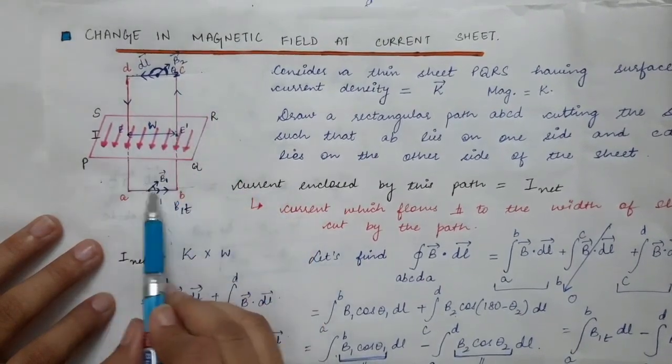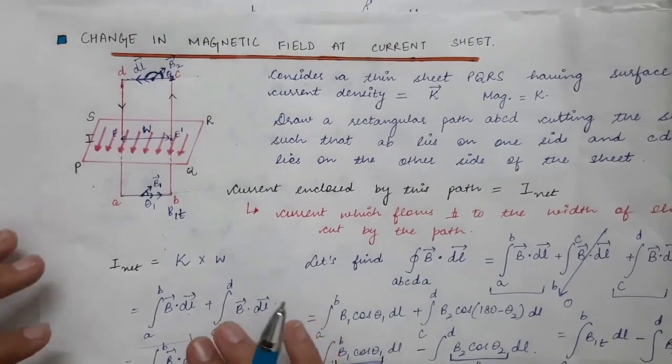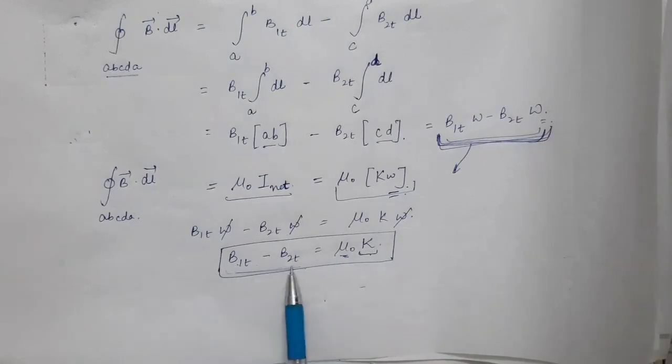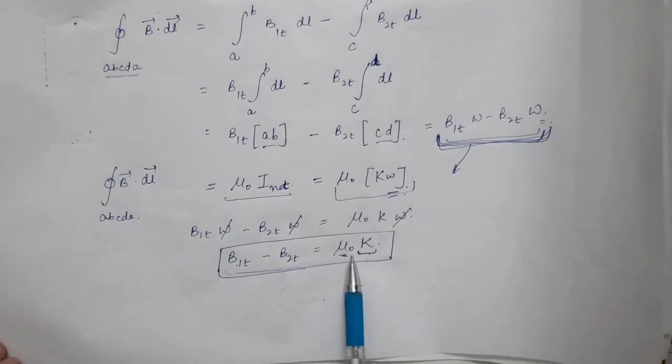So these two components are parallel to the plane of the thin sheet we have considered. So these are also called parallel components of the magnetic field. So the change in parallel component of the magnetic field is given by the product of mu naught and the magnitude of surface current density vector.